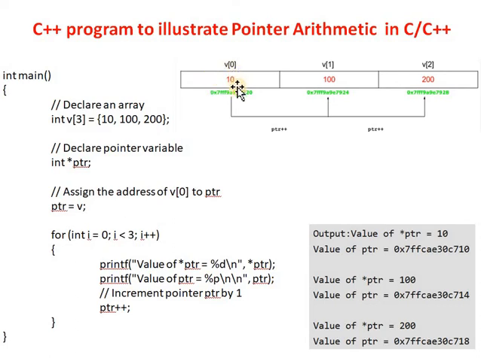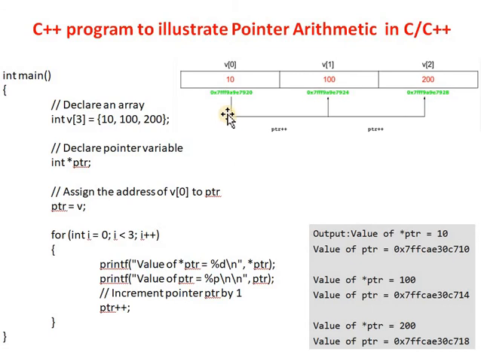So the first integer value is stored at 7920, the second value is stored after 4 bytes, that is 7924, and the third element of the array is stored at 7928 after the 4 bytes of memory, because this system requires 4 bytes to store an integer value.